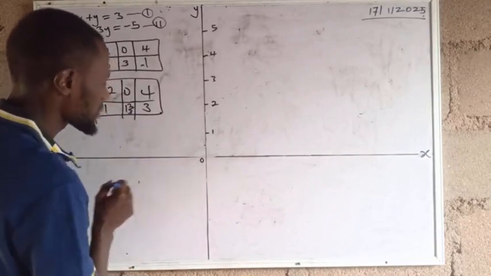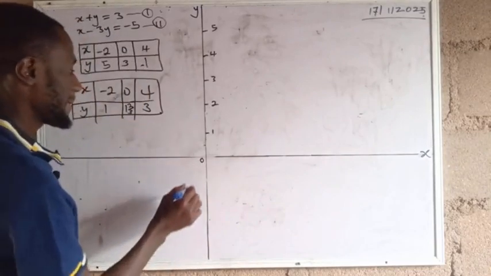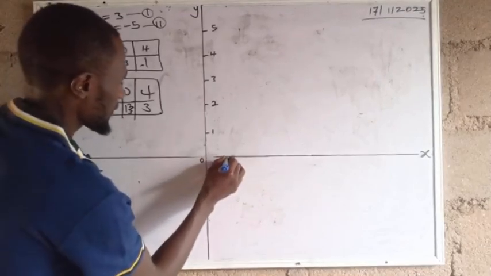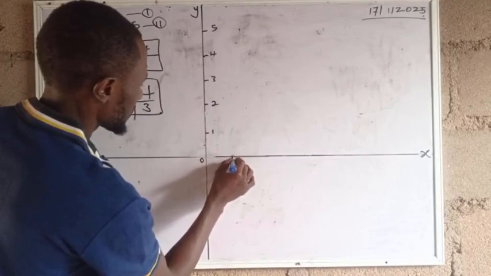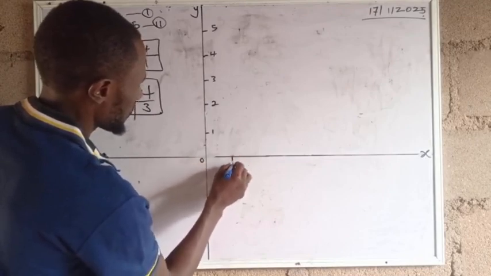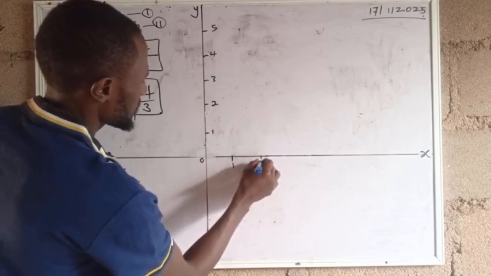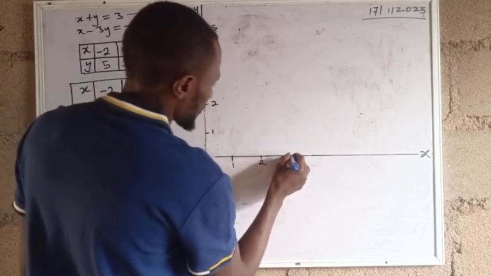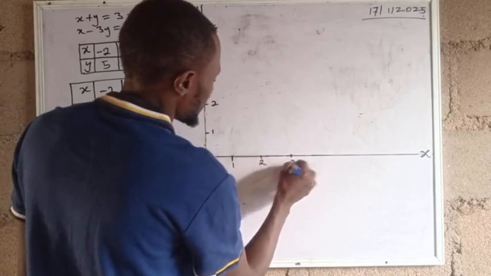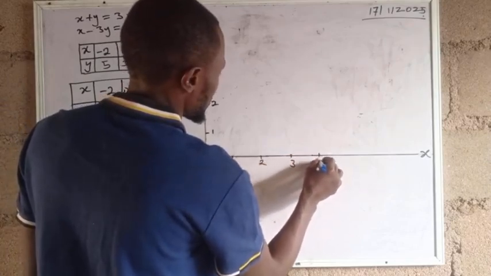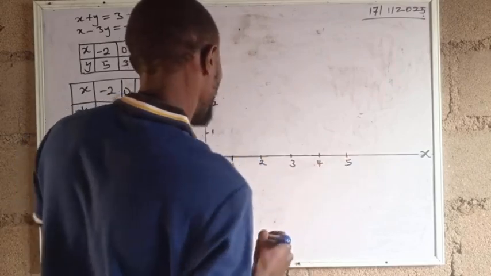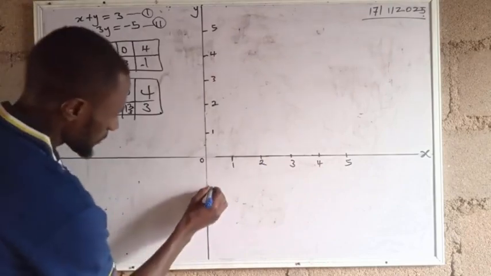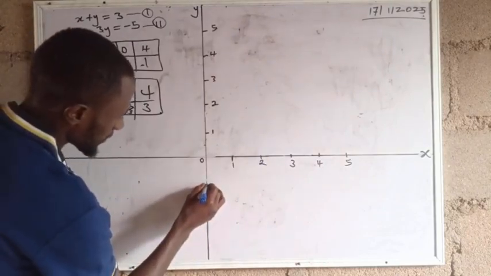Now 0 is the midpoint here. Then we're going to have our 1 here, our 2, 3 here, 4 here, 5 here.